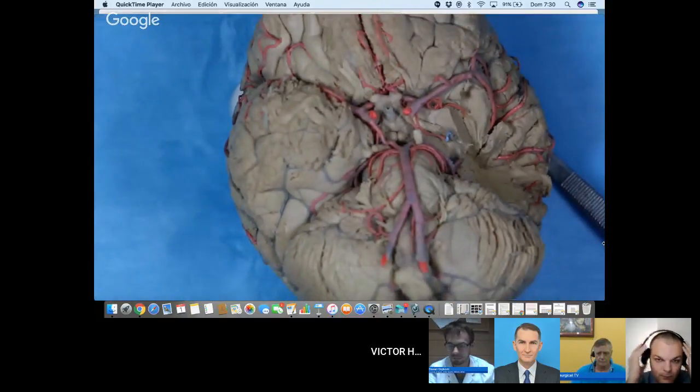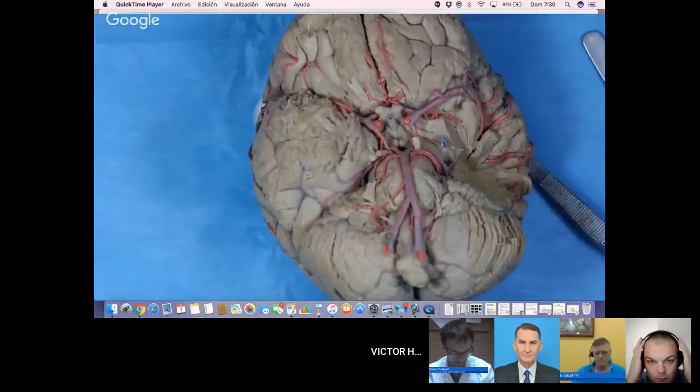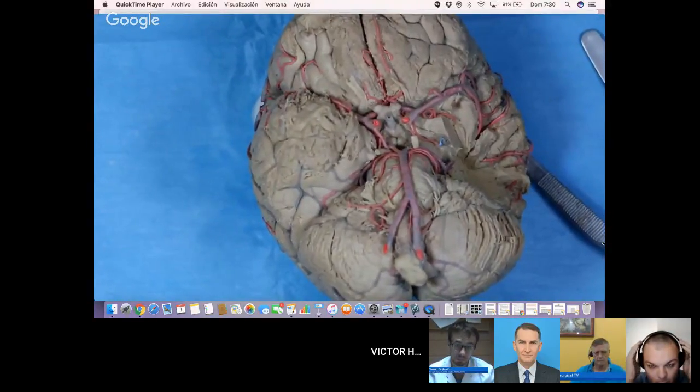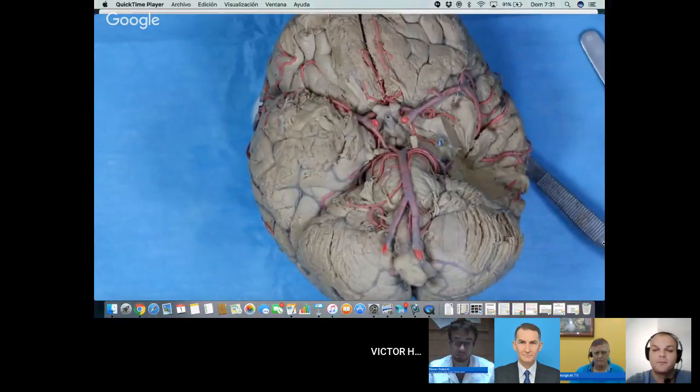Now, in this brain, I'm going to make a small lobectomy in the temporal lobe to see the M1 segment of the middle cerebral artery, the right side.